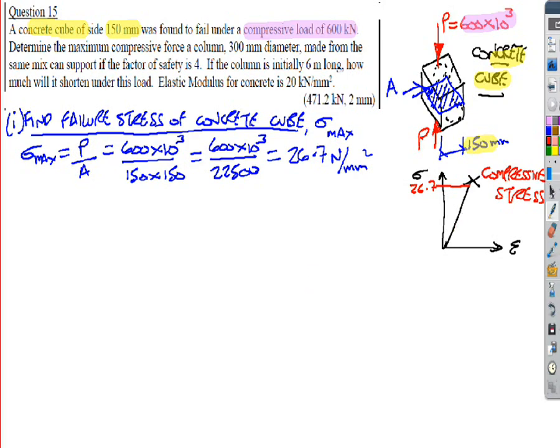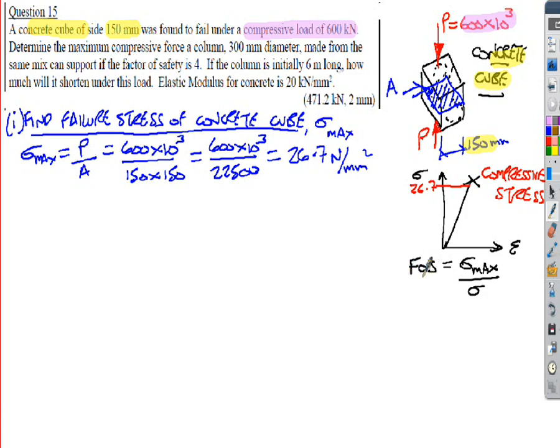Now don't forget from the previous lecture, factor of safety is equal to the maximum allowable stress divided by what's called the working stress, the stress you can work the component to every day of its life. Now in this particular question they've given us the factor of safety.